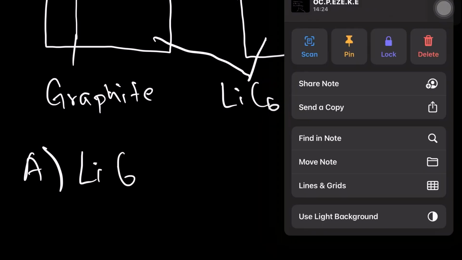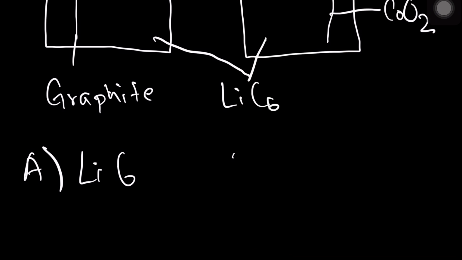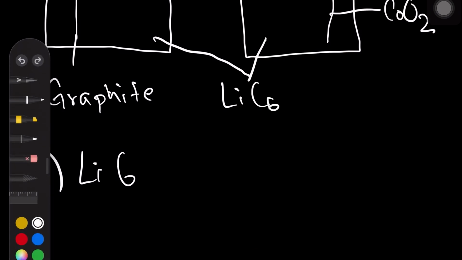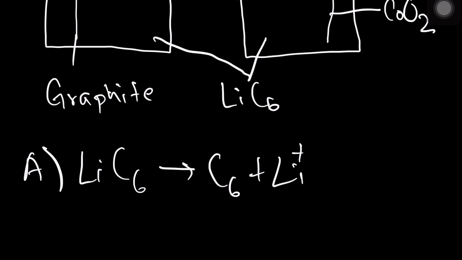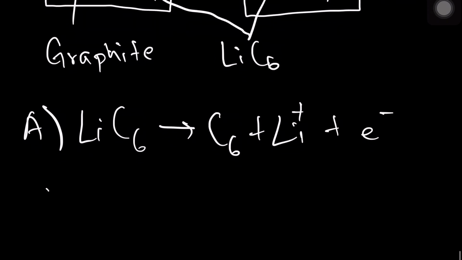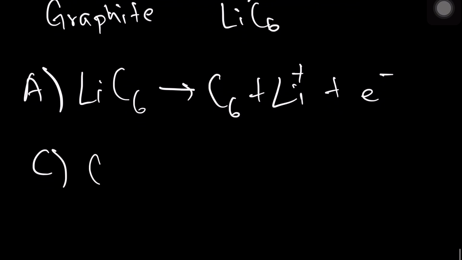Okay, so at the anode, what happens is our lithium carbide, one second, let me just redraw that. Yeah, so our lithium carbide converts into carbide plus a positively charged lithium ion and an electron.